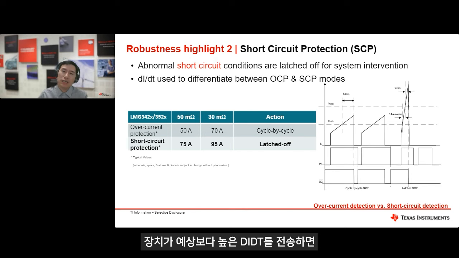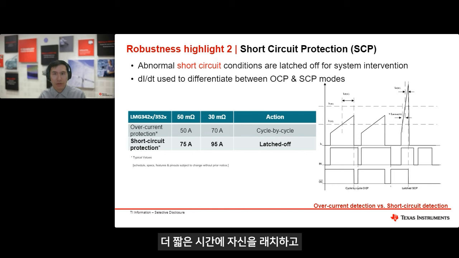When the device sees a higher di/dt than expected, it will go into short circuit protection, which will directly turn off the device in a shorter time and keep it off for a longer time until you use the input signal to reset it or cycle the power up and down. So this kind of short circuit protection is additional insurance for your power supply unit operation.